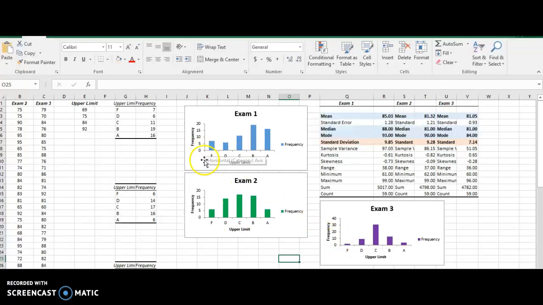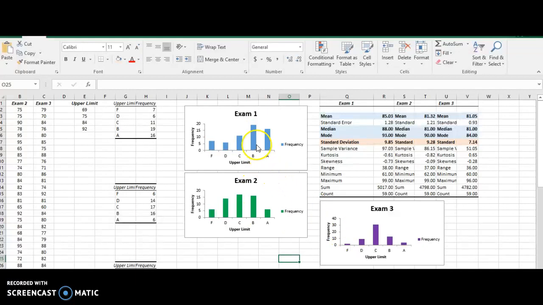So these were the histograms for exams 1, 2, and 3 from exam 1, if we broke them up into the grade levels that we were looking for of, again, A, B, C, D, and F. And you can see here from taking a look at the three of them, there's some similarities and some differences.